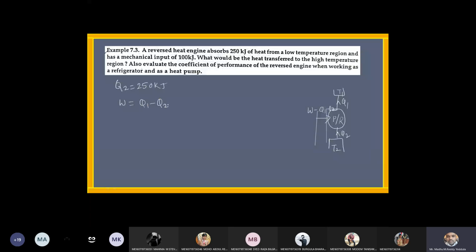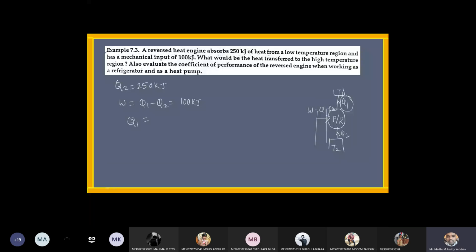We need to supply work. Q1 minus Q2 is equal to 100 kilojoules. What would be the heat transfer to the higher temperature region? What is he asking? This is Q1 he is asking. Agree? Yes.